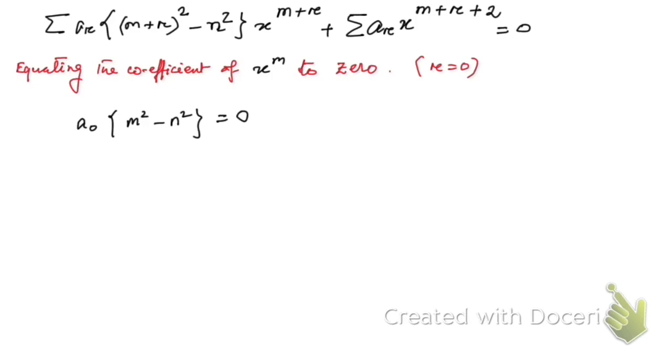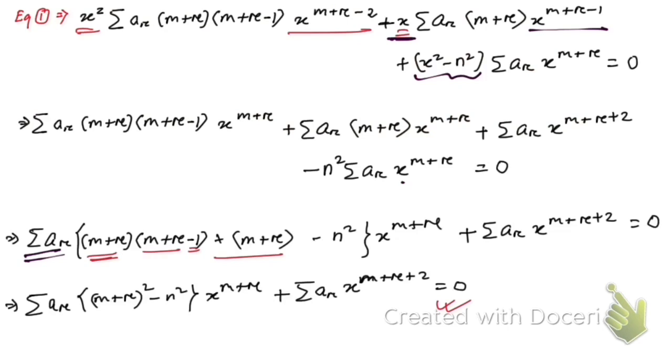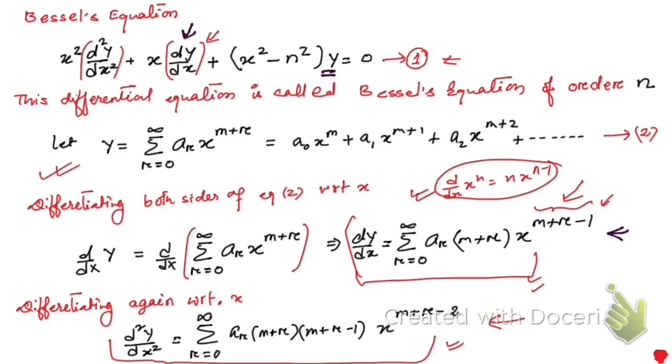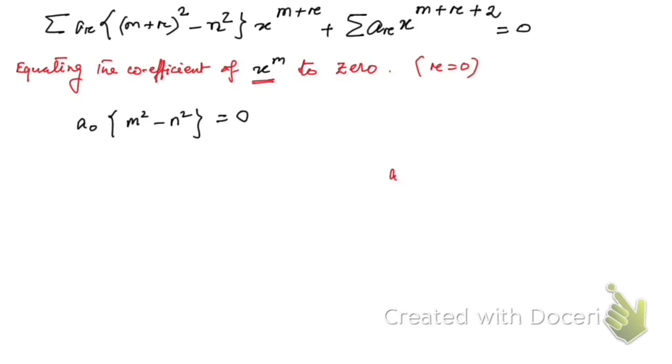And here you see, a naught cannot be equal to 0, because here we have considered that this term is the lowest degree term that exists in this solution. Let me write the solution that we have considered. Here you see, this was the solution, right? So if this term exists, then a naught cannot be equal to 0. Suppose you have a series, a naught x to the power m plus a 2 x to the power 2, a 3 x to the power 3, and so on.